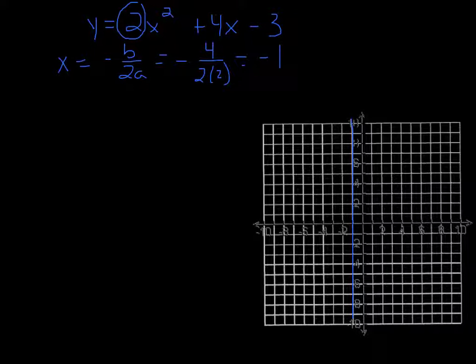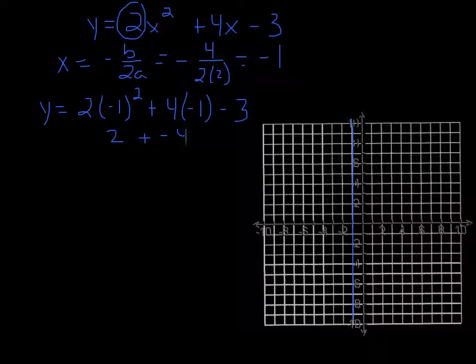Okay, and now that we have negative 1 for our x, let's do y equals 2 times negative 1 squared plus 4 times negative 1 minus 3. 2 times negative 1 squared, that's 2, plus negative 4 minus 3. 2 and negative 4 is negative 2, and minus 3 gives us negative 5, right? Make sure I did that right. Yeah, that's good. Okay, so we go down 5 on our axis of symmetry, and there is our vertex, and we know that's the lowest point.